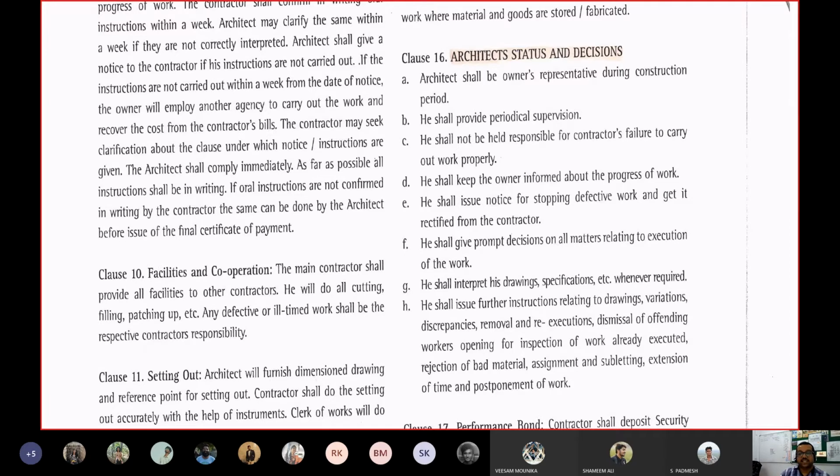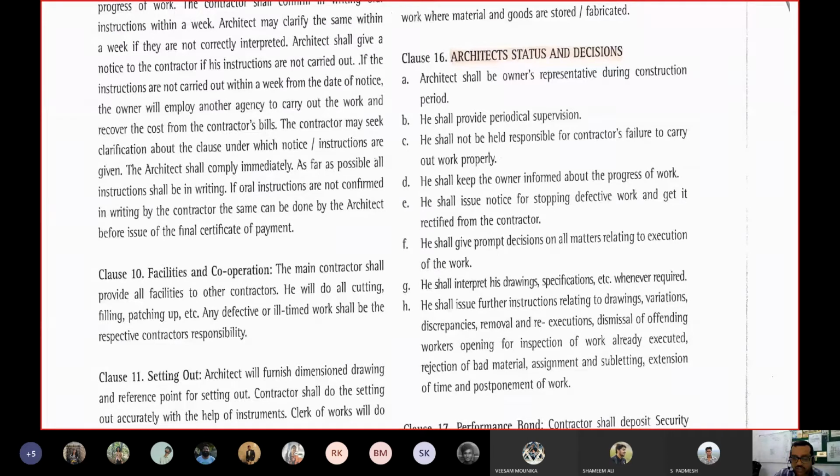Next, he shall interpret his drawing and specification wherever required. This is another aspect of the architect's status or decision: there might be cases where the architect's drawing or description, or the contract drawing, whatever we call the description of different parts or phases of the drawing, or the architect's instructions are not clear to the contractor or the workers.